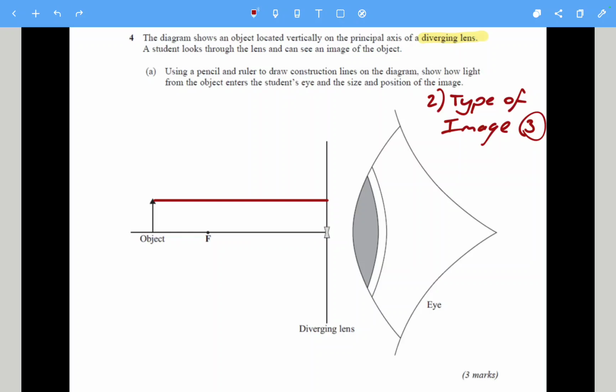It should be dashed. I'll draw it dashed. But with a ruler, it's obviously more straightforward. So you should have a dashed line that looks like this, and then a solid construction line that comes out after. Make sure you draw directional arrows on there. And then the second construction line just goes through the optical centre undeviated.